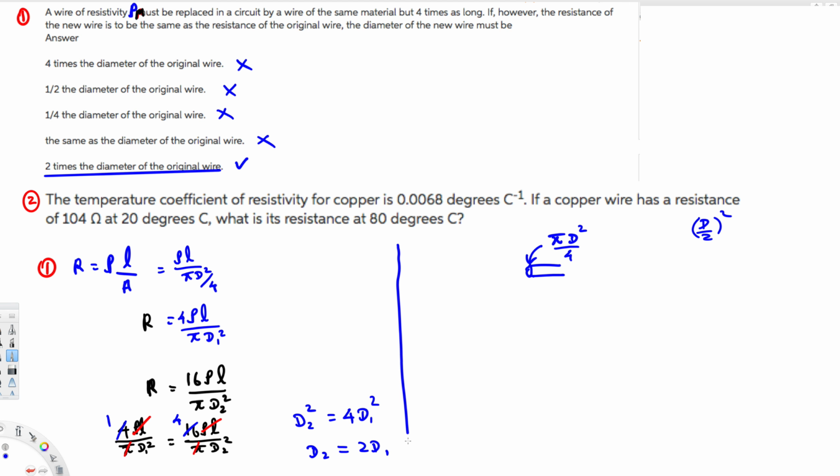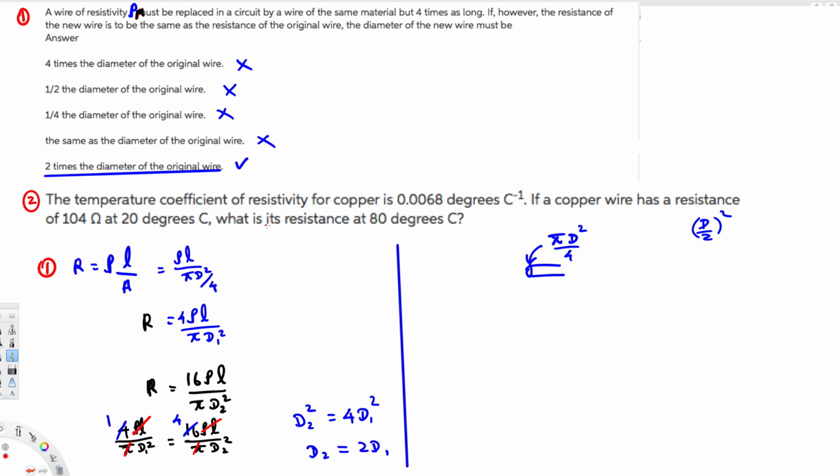Let's separate this one first. The second question is asking: the temperature coefficient of resistivity for copper is 0.0068 per degree Celsius, and here it's degrees Celsius to the power of negative 1, which means divided by degrees Celsius. If a copper wire has a resistance of 104 ohms at 20 degrees Celsius, what is the resistance at 80 degrees Celsius?